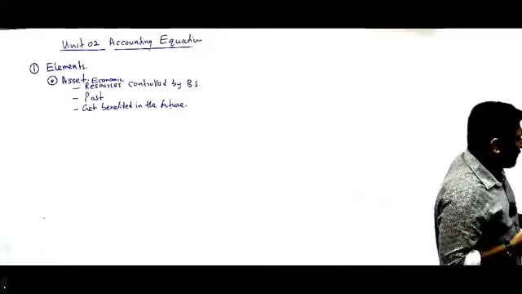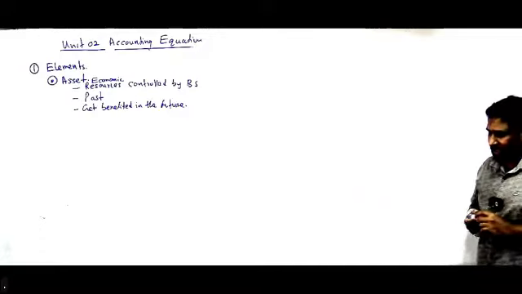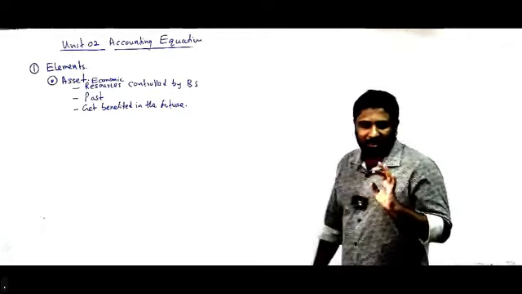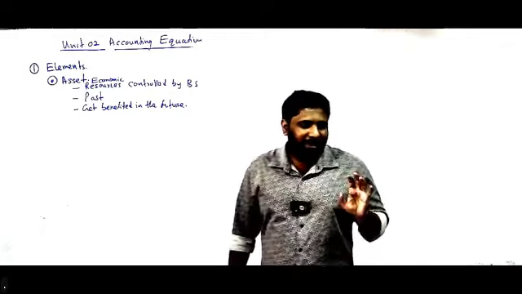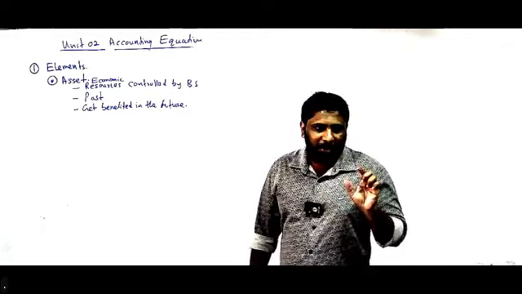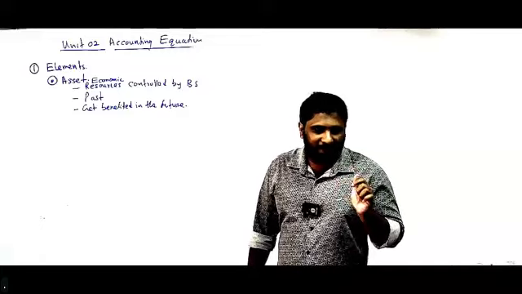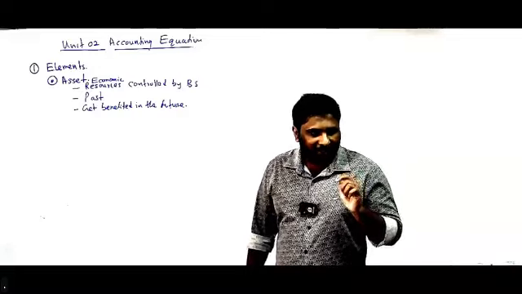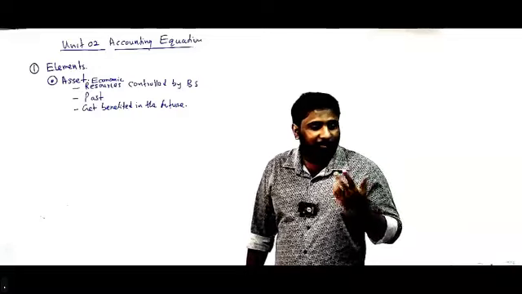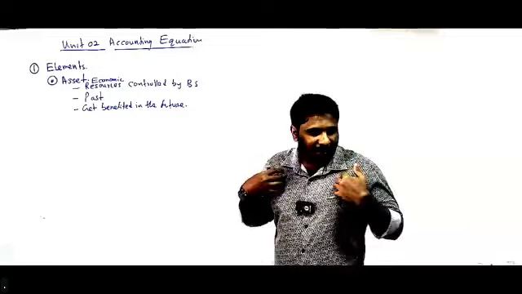So remember these 3 points. Tell me the 3 points in assets. First point, it is an economic resource controlled by the business. Second point, as a result of past transaction or event. Third point, in the future we will get benefit.